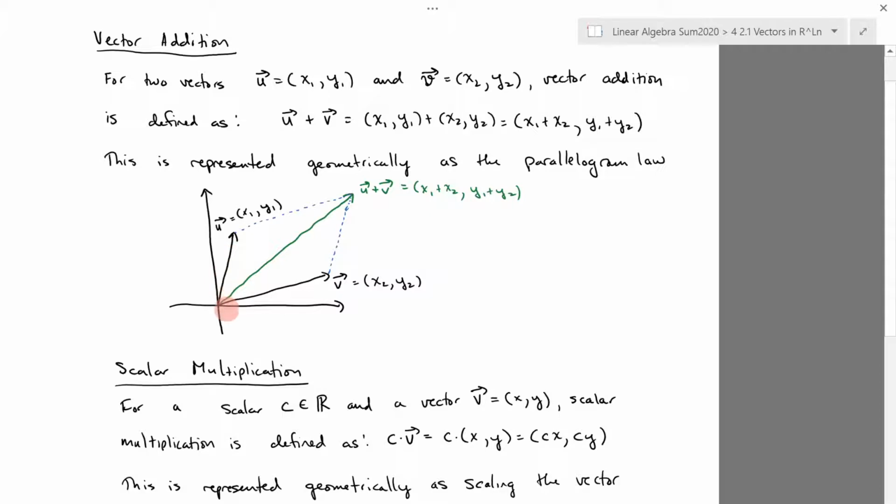It's called the parallelogram law. The two vectors that you're adding form two sides of the parallelogram, so if you draw in a copy of the vector u over here and a copy of the vector v over here, it forms a parallelogram. The sum u plus v is just the diagonal of the parallelogram.